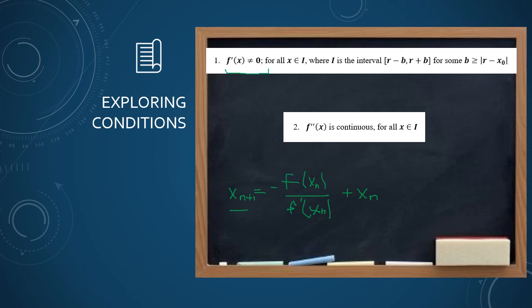So what happens if f prime of x does equal 0? Then this term goes to infinity, assuming f of x of n is some constant. Some constant divided by 0, or a smaller and smaller number, is just going to get extremely large, meaning that our x of n plus 1 will go to infinity.